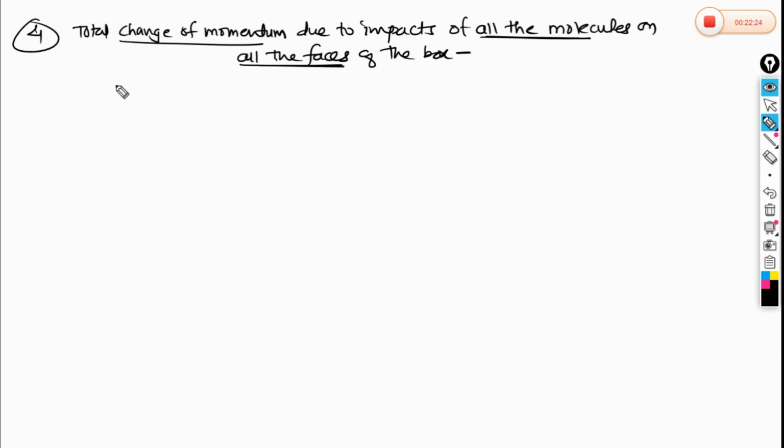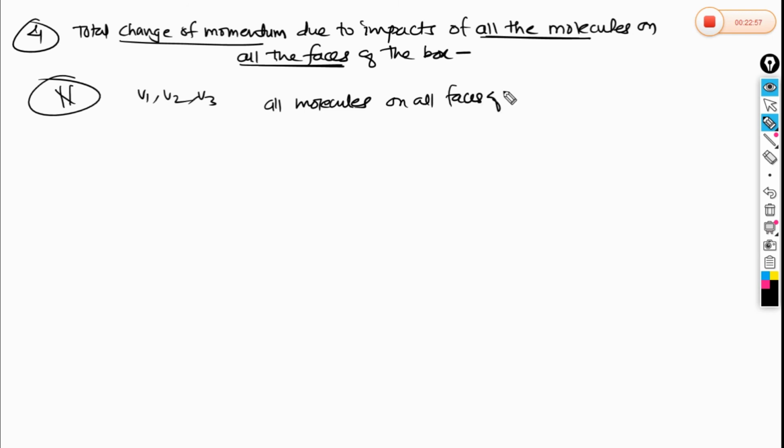Suppose there are n molecules in the box, each of which is moving with a different velocity, that is v1, v2, v3, etc. Then the total change of momentum due to impacts of all molecules on all faces of the box is equal to 2m divided by L into bracket v1 square plus v2 square plus v3 square plus so on, that is velocities of all the molecules.